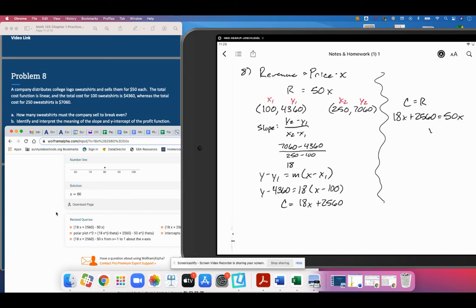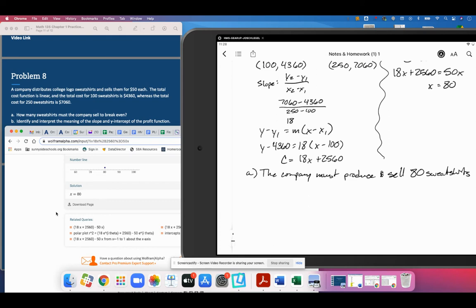So x is equal to 80. So for part A there, the company must produce and sell 80 sweatshirts to break even.